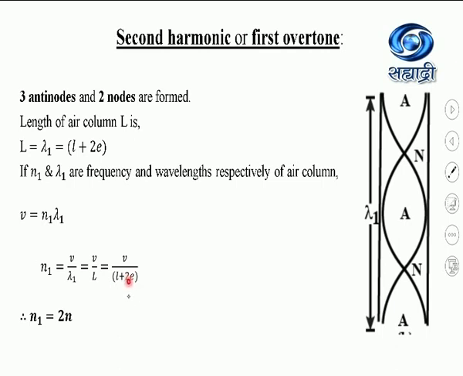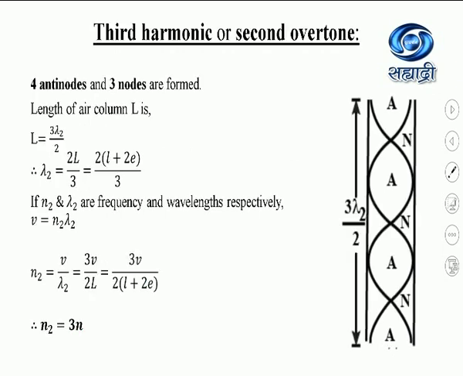Comparing this frequency with the fundamental frequency, it is equal to 2n, that is second harmonic or first overtone. So in this case, after the fundamental frequency, we get in the second mode of vibration the second harmonic or first overtone frequency.